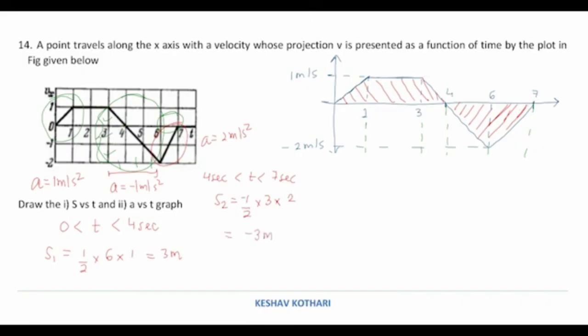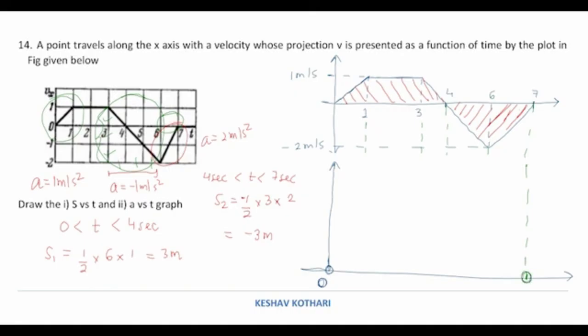So basically the displacement time graph is going to begin from 0 and end at 0, because the total displacement is coming out to be 0. So we don't have to care about the negative aspect. The displacement starts from 0, and at 7 seconds the graph is again coming back to 0. But at different points the nature of the curve is going to be different.